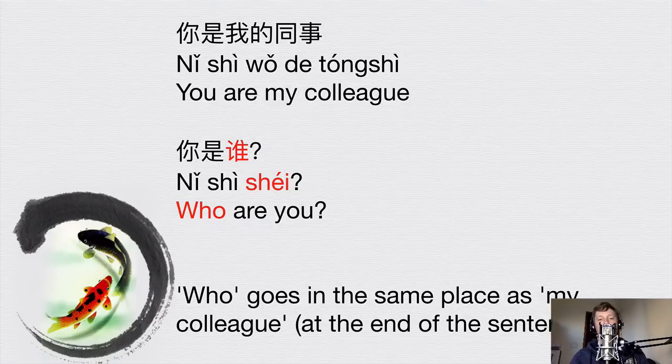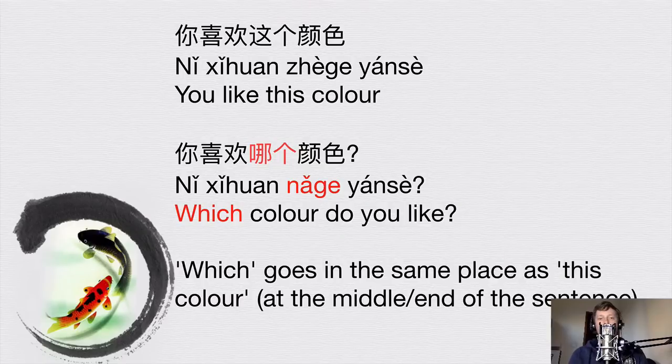Literally, you are who? 你 you, 是 are, 谁 who? And as I mentioned before, some people might pronounce this differently. Who are you? So this is who.